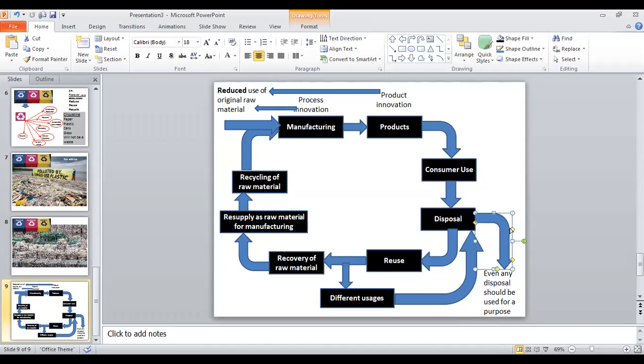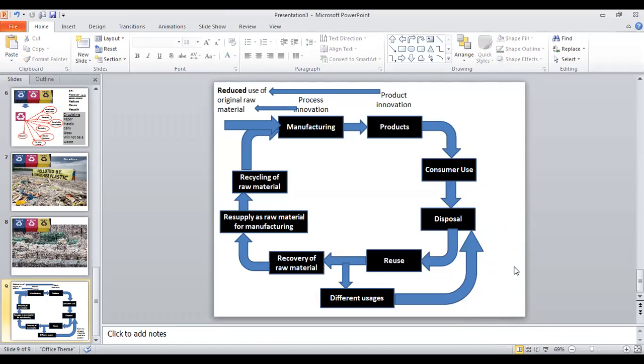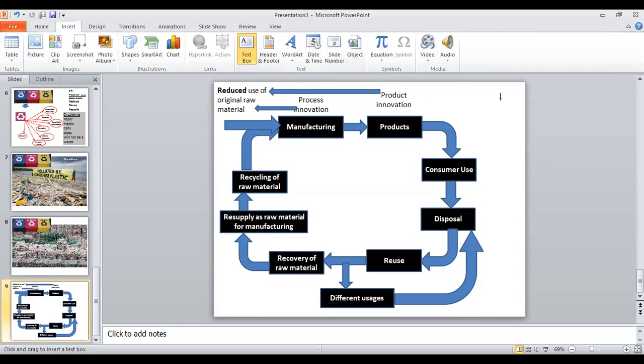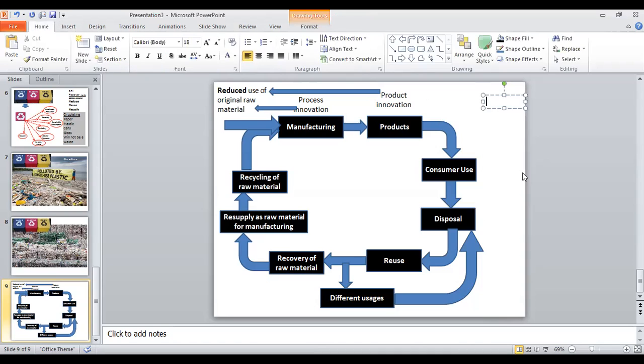Quite interesting. So we will make sure that this process has one thing for sure: zero raw material waste.